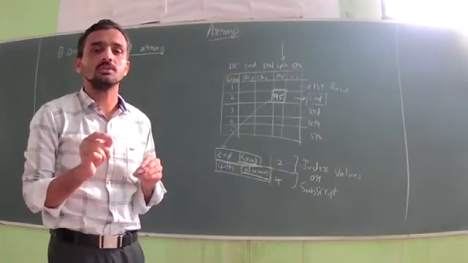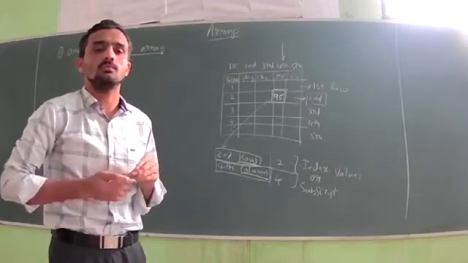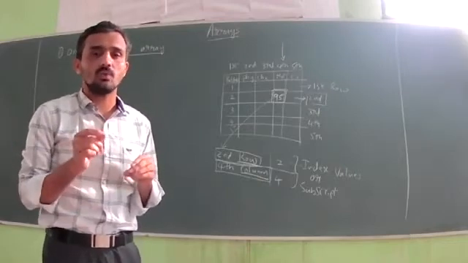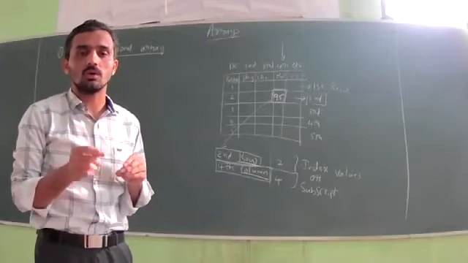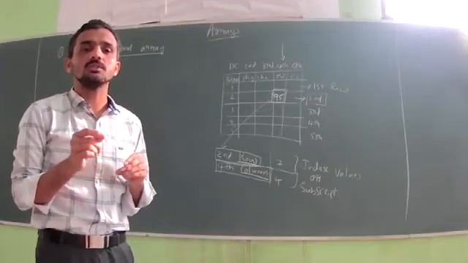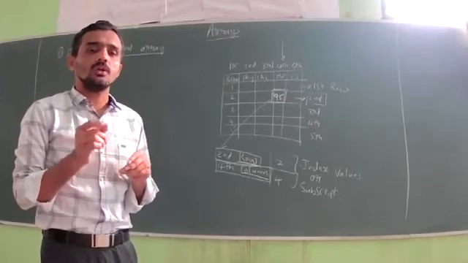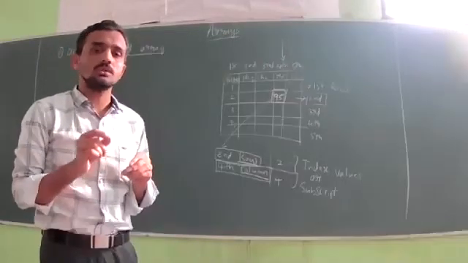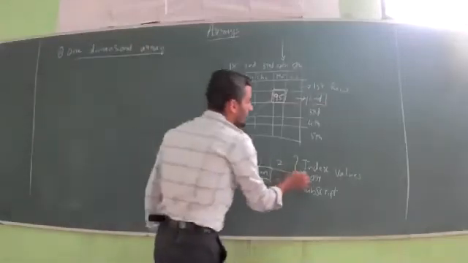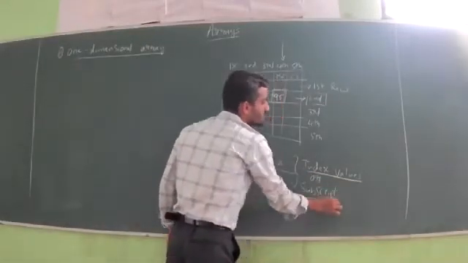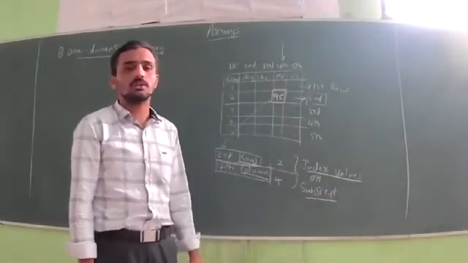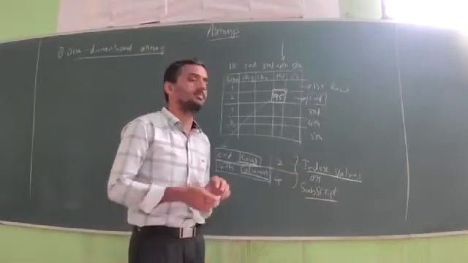If I say 2 dimensions, you have to consider both row and column. Whether you consider the row, the column or both, those things are called index values or subscript values in an array.